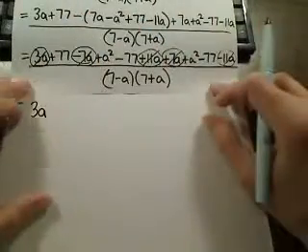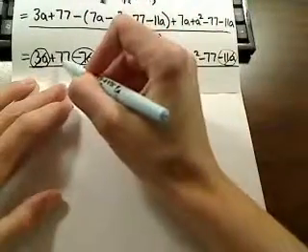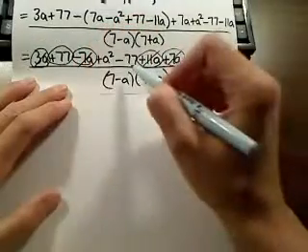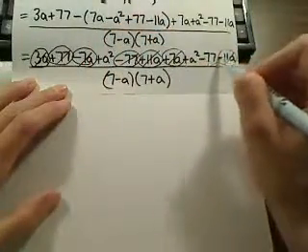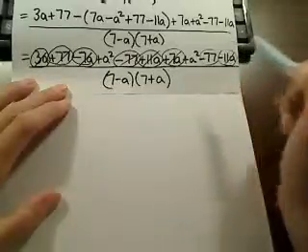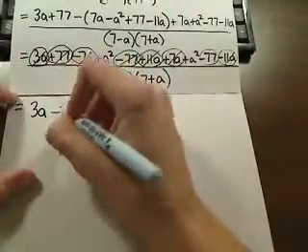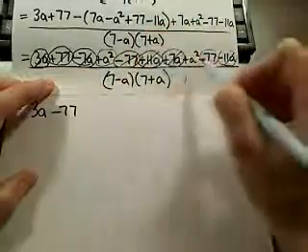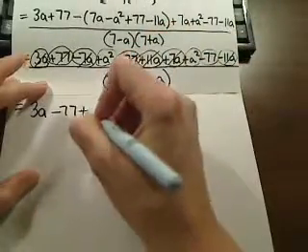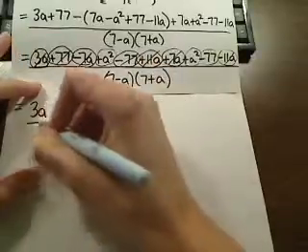Okay, and we're done with the a's. All right, then we have a positive 77, a negative 77. Those are going to add to be 0. And we do have another negative 77 there. So I'll just go ahead and write that. And then we have a squared and a squared, so that's 2a squared.